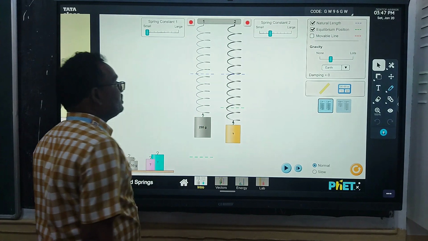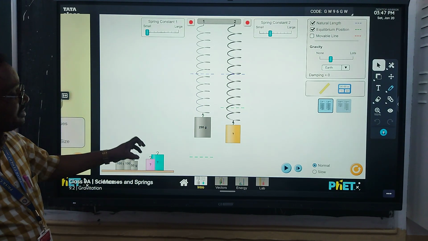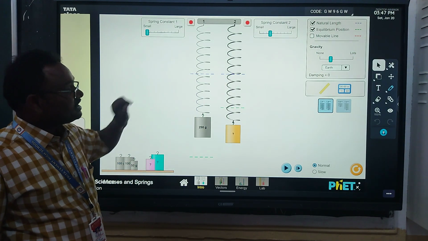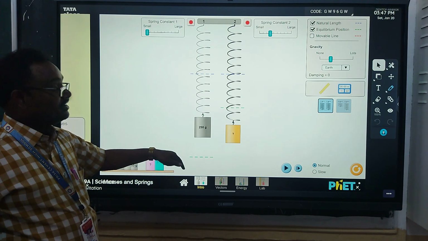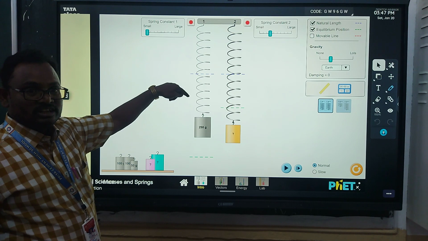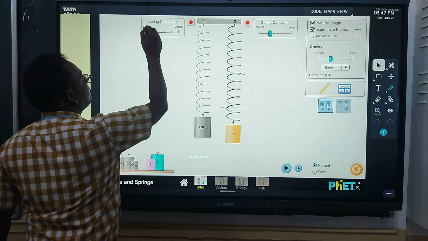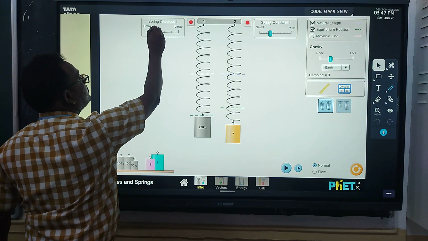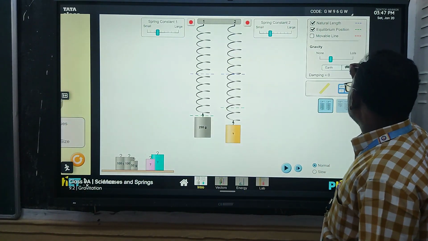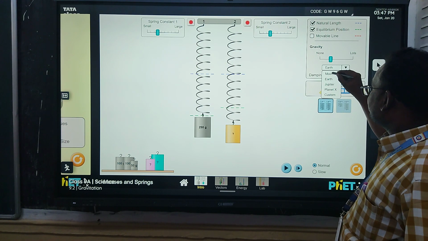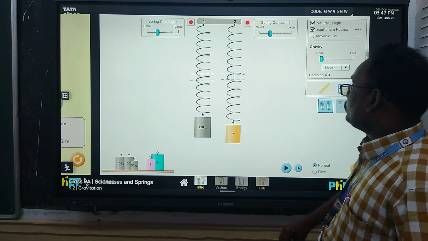When we give some weight to this one, actually up to this is the length, but up to here it gets stretched due to gravity and the thickness of the spring. Now let us go to another planet, a small planet or satellite. We can go to the moon.